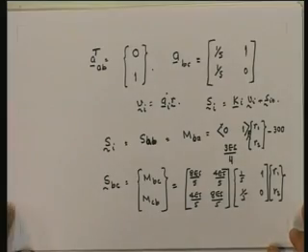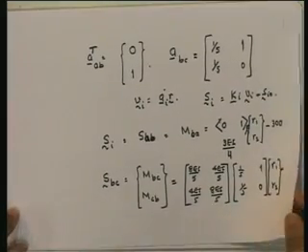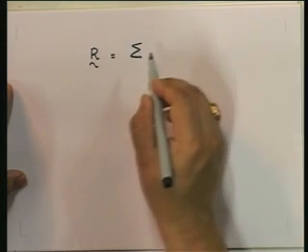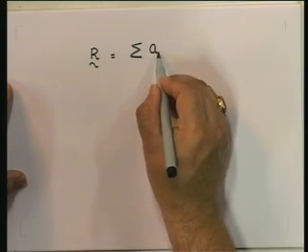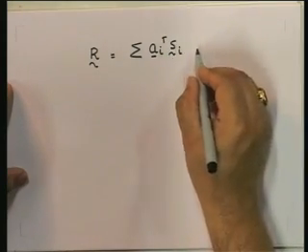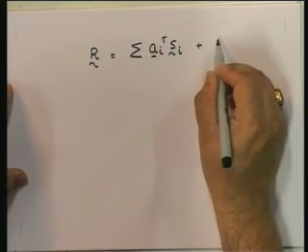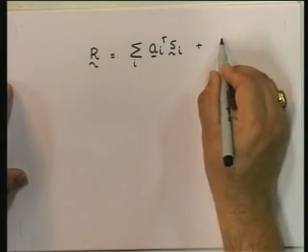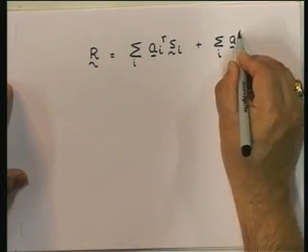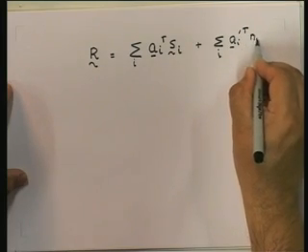So this is our relationship, and ultimately using the virtual displacement, we can find out that capital R is equal to the sum of A_i transpose S_i, plus, summed up over all the members, A_i transpose into N_i.